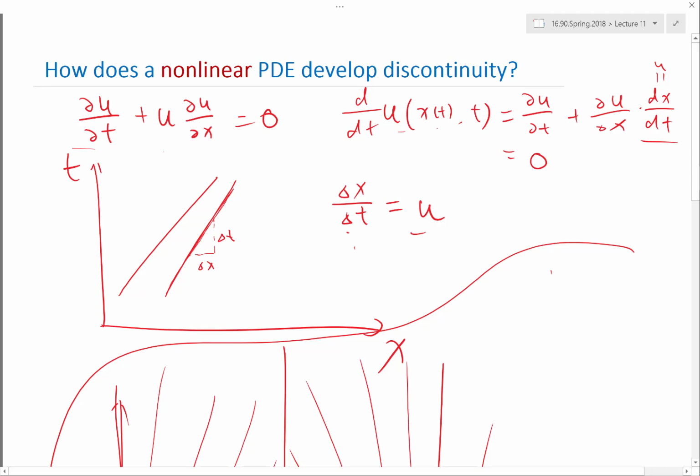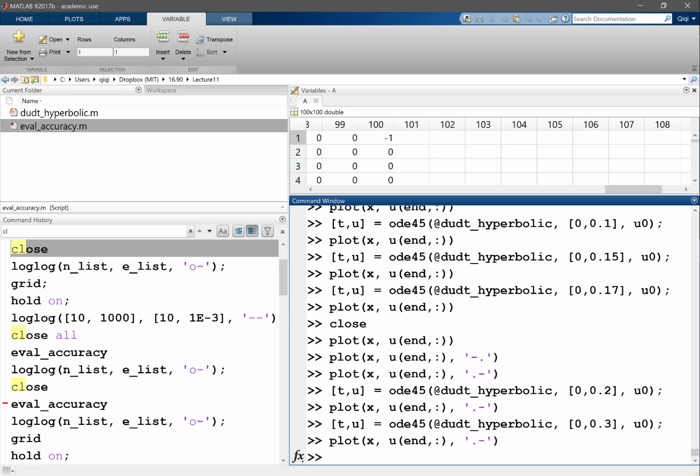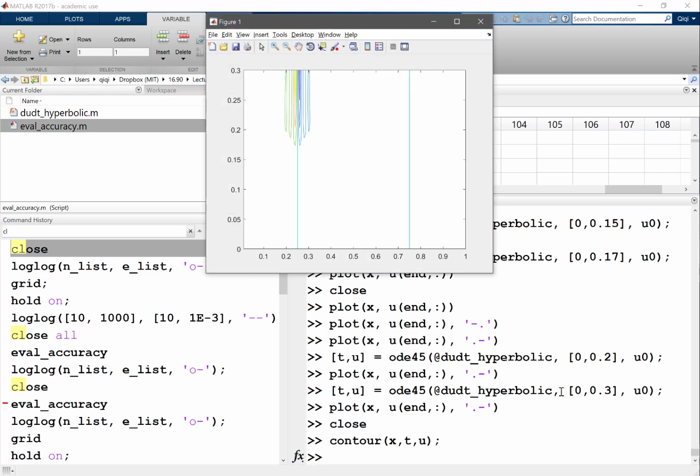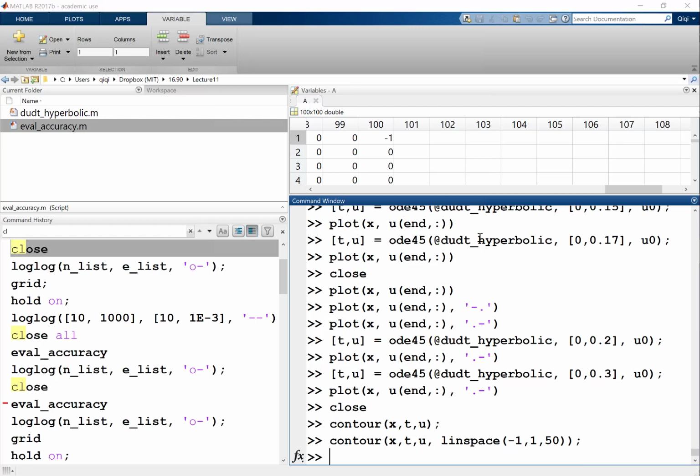Okay, and to just drive the point home a little bit more, if you do a contour of t x t u, I think I should specify the contour levels to be linspace of -1 to 1, let's use 50 contour lines.